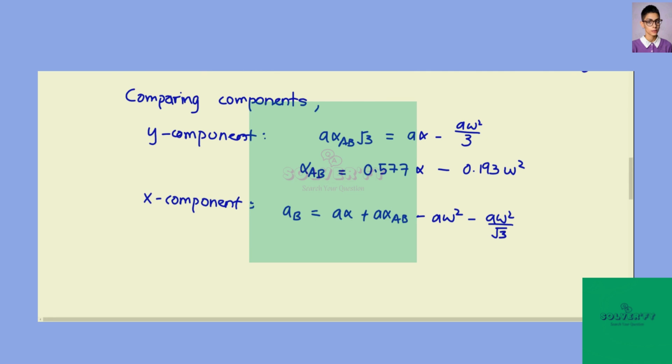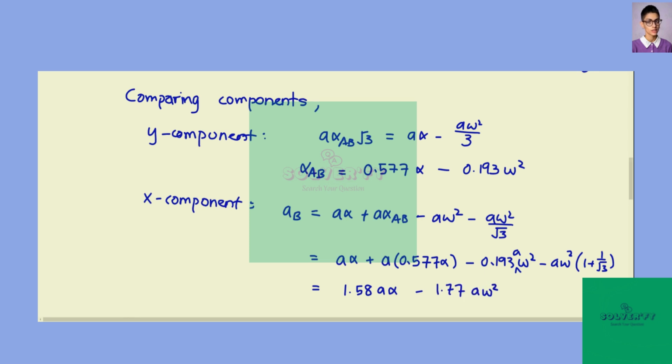If you put in A alpha plus A times 0.577 alpha minus 0.193 omega square, minus A omega square times 1 plus 1 over root 3, then you get 1.58 A alpha minus 1.77 A omega square.